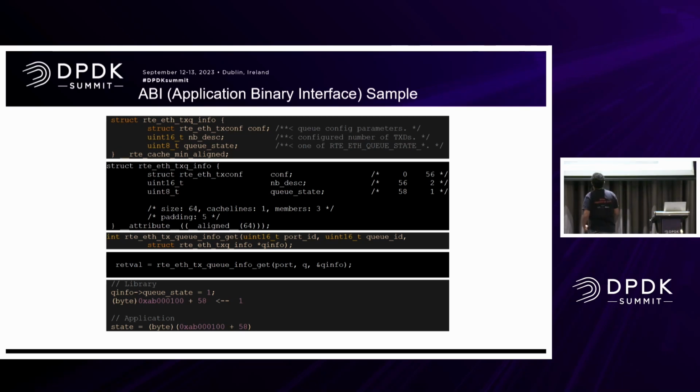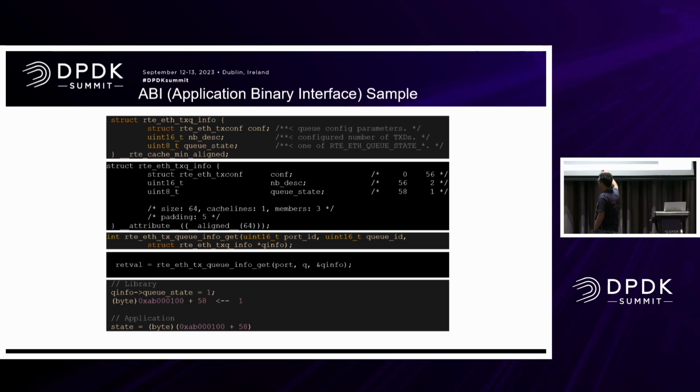Normally we have a struct. This is what we use in TX configure. There's an API using it, and there's a function call from the application. But eventually, when we compile, it turns into just an address and a fixed number added to it.